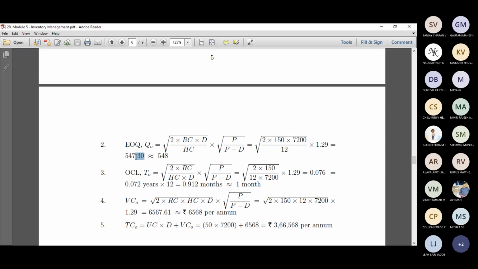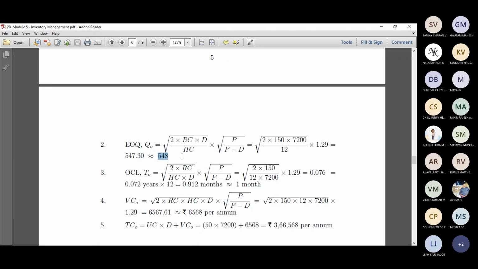Say if you put it 547, one stock makes a huge difference in the production sector. So generally even if it is 547.05, we will approximate it to the nearest quantity, which is 548.